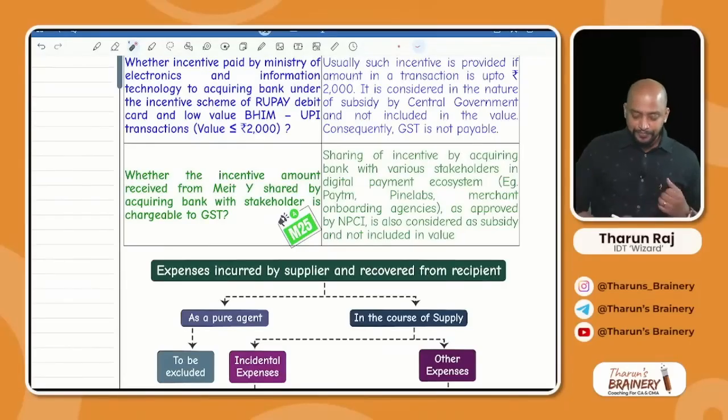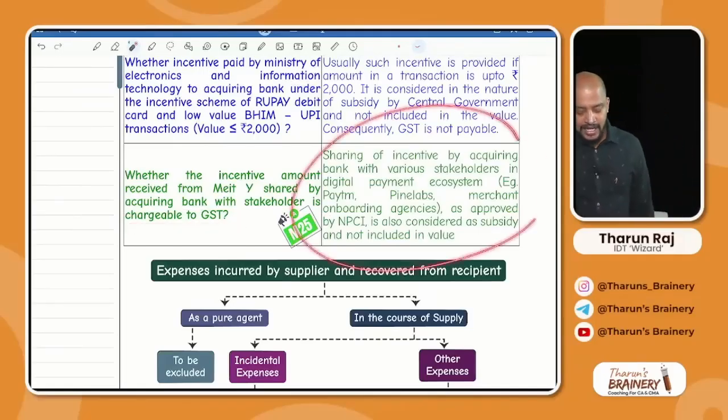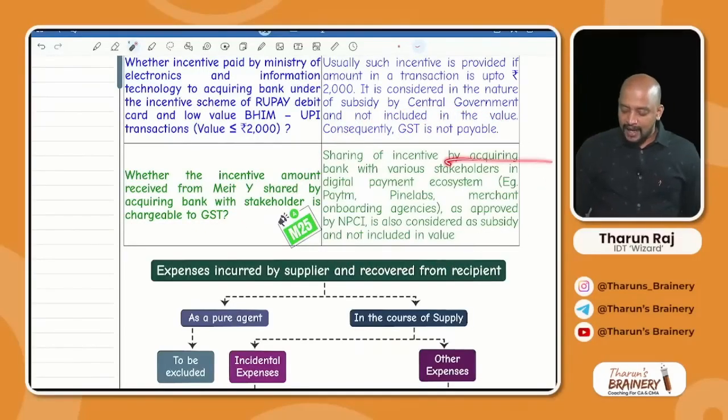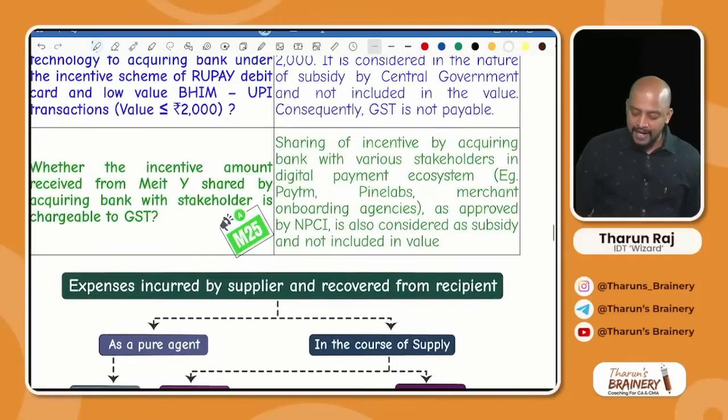So read this. Whether the incentive amount received from MEITY, that is Ministry of Electronics and Information Technology, shared by acquiring bank with stakeholders, is chargeable to GST. Sharing of incentive by acquiring bank with various stakeholders in the digital payment ecosystem, example Paytm, Pine Labs, merchant onboarding agencies, underline, as approved by NPCI.